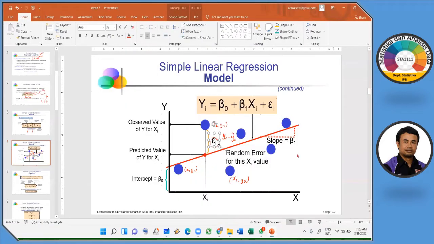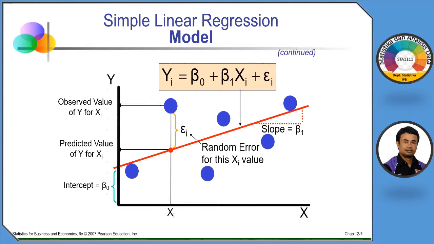So that is the idea. By using this method, later we will have the estimate value of beta 0. We will estimate this one with beta 0 hat, or in this slide you can use the symbol B0, and this one will be estimated using beta 1 hat, or sometimes we can also say B1.